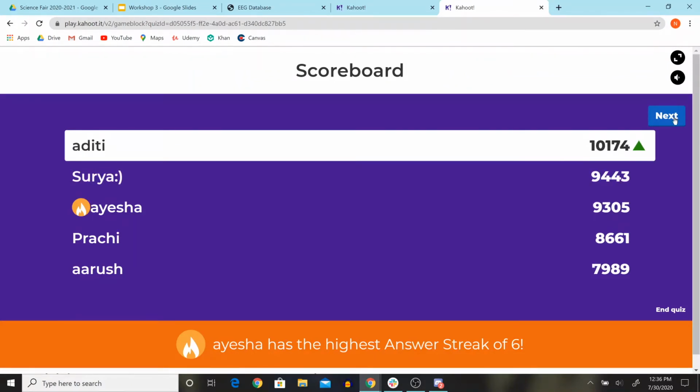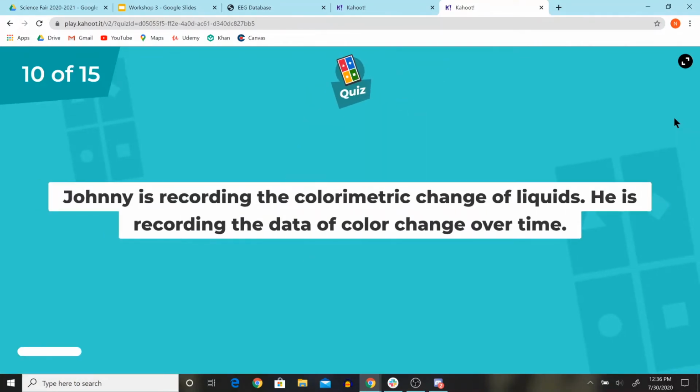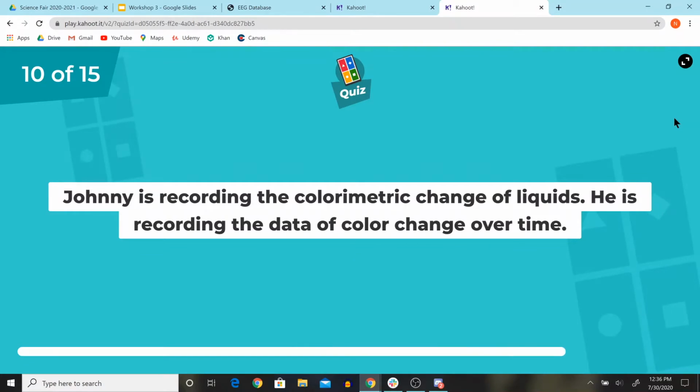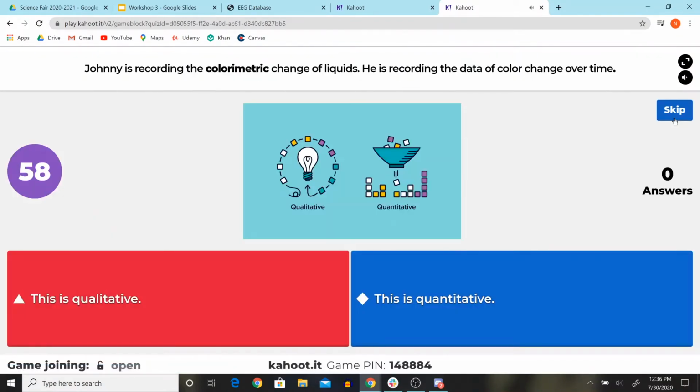Okay, so yeah. Question 10. Johnny's recording colorimetric change in liquids. He's recording the data of color change over time. So is it quantitative or qualitative? The colorimetric change, is it quantitative or qualitative?